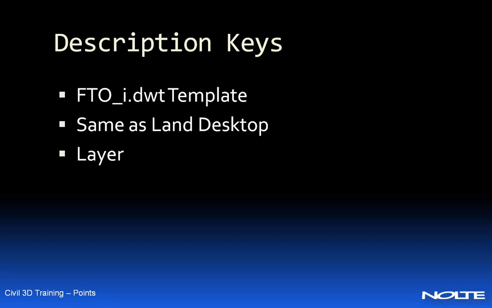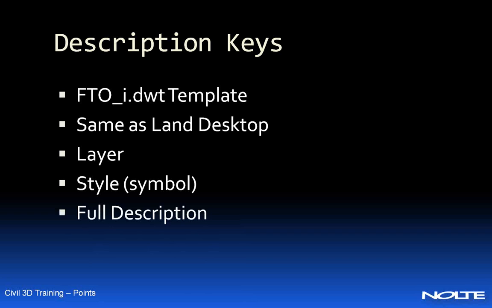The other thing is that it does apply a symbol. In Civil 3D, unlike Land Desktop, we're applying a style which contains the symbols, but that's how we're controlling the appearance of the point object. And you saw in the example I did before, I typed in SV, which is our field code for spot elevation, and it spelled out in English the full description of spot elevation. So we can see that in there.